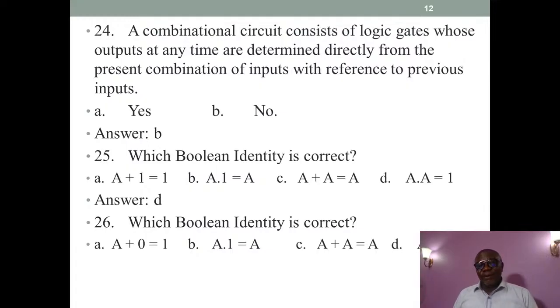C: A or A is equal to A. Do you agree? D: A and A is equal to A. Which one? If you can, look at 25 and 26 and be able to get the answer and see that the correct identity is A or 0 is equal to 1.